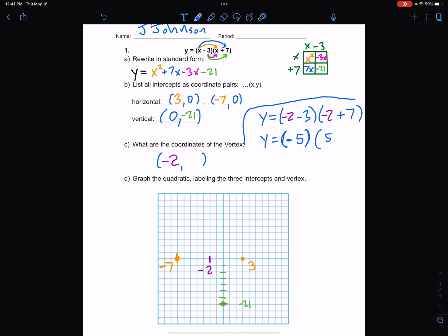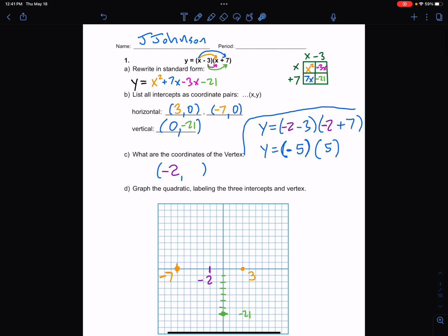We would get +5. Now, every single time you're going to see these two numbers. One's positive, one's negative, but they're the same number. There's a reason they're the same. That's because -2 is the same distance away from -7, and -2 is the same distance away from 3. So I think you should always end up with 2 of the same number. One of them is positive, one of them is negative.